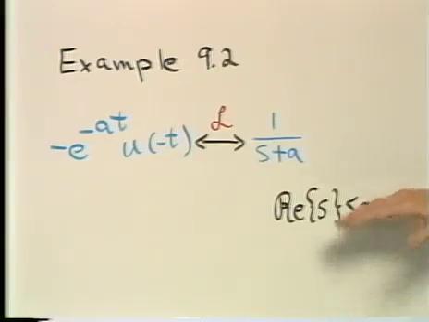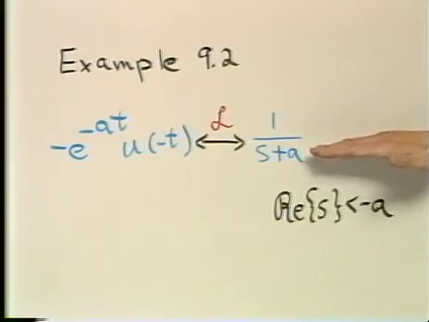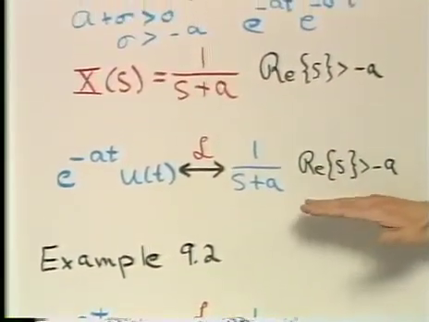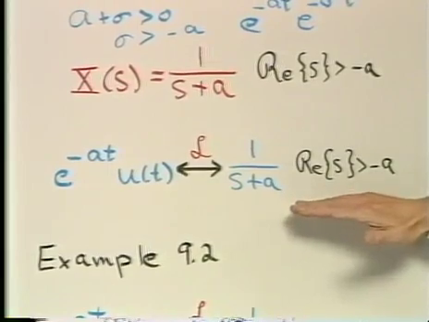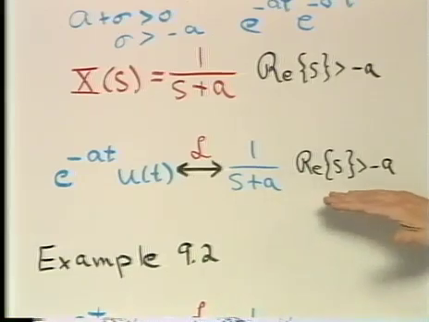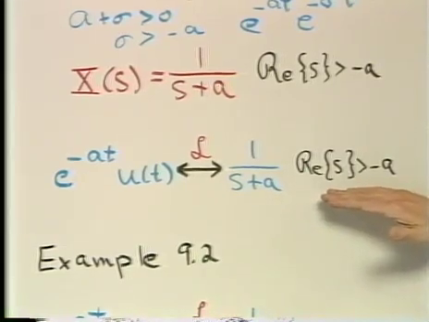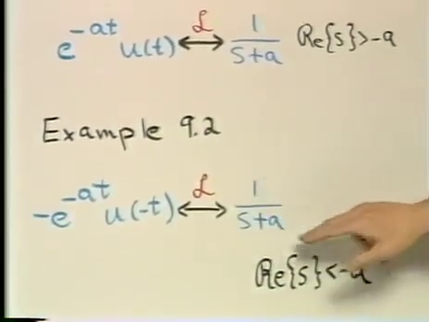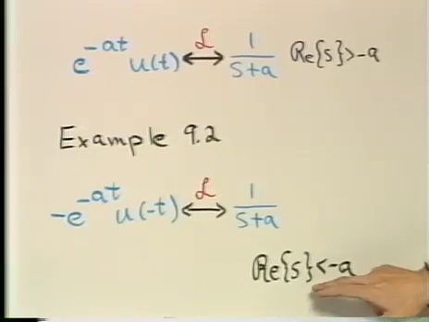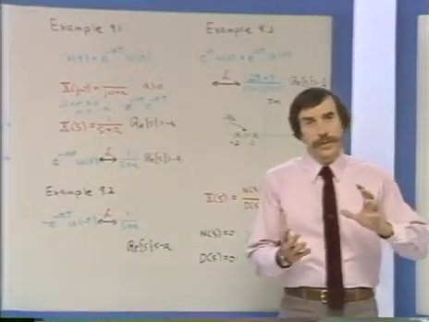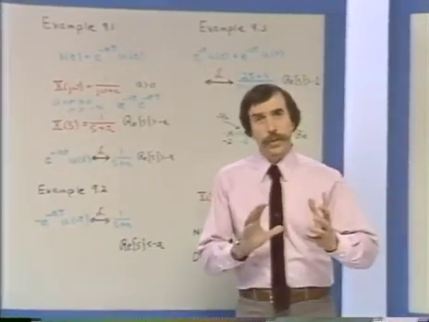And so, if you compare this example with the one above it, and let's just look back at the answer that we had there, here the algebraic expression is 1 over s plus a with a certain region of convergence. Here, the algebraic expression is 1 over s plus a, and the only difference between those two is the domain or region of convergence. So there's another complication or twist now.